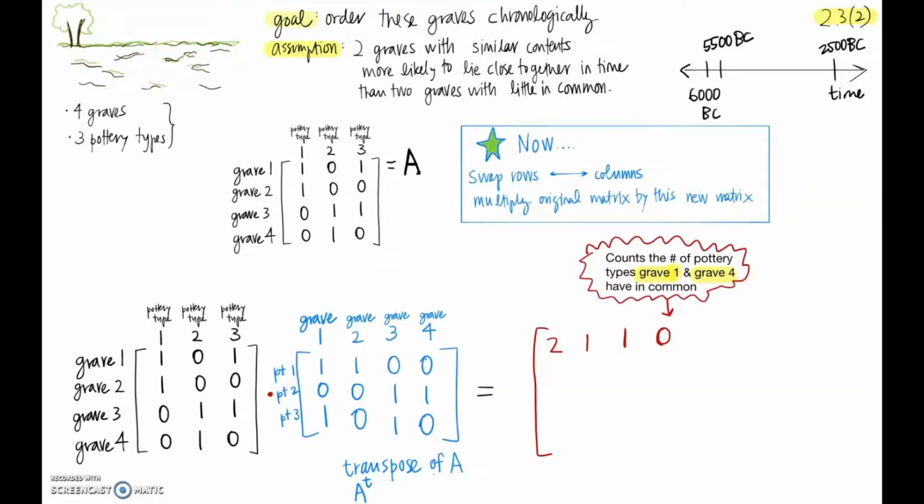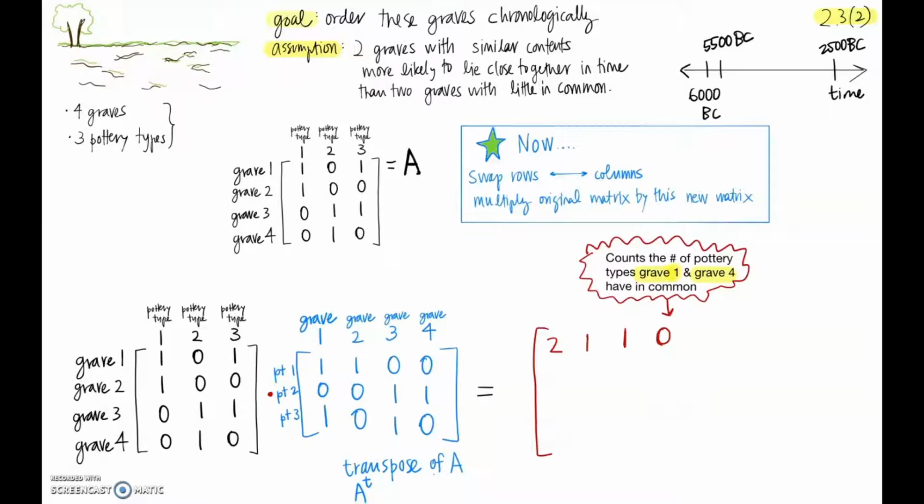We can see how this is going to play out for the rest of this matrix. In this row, we're going to see what grave 2 and other graves have in common. And in this row, we're going to see the common pottery types in grave 3 and other graves, and so on.